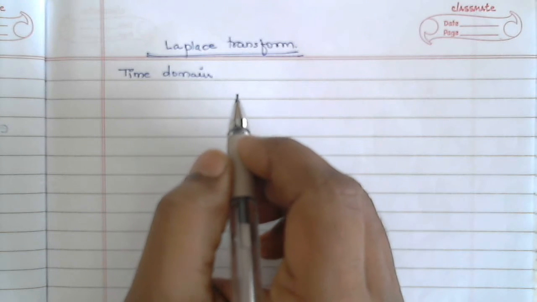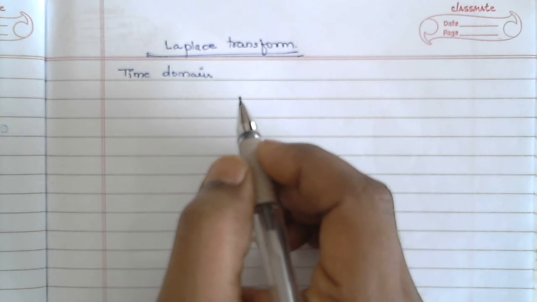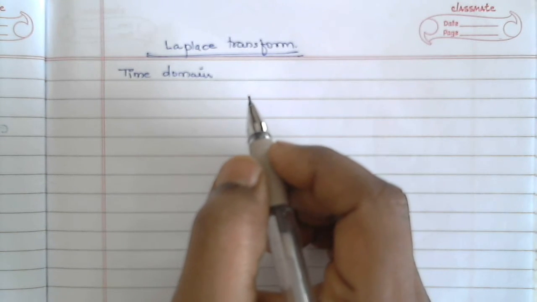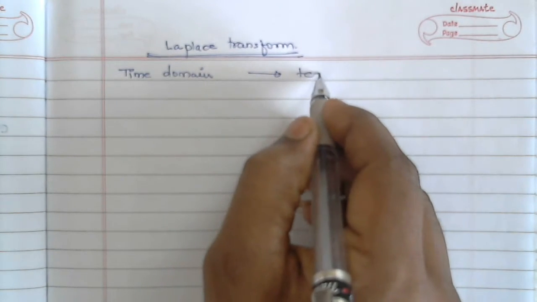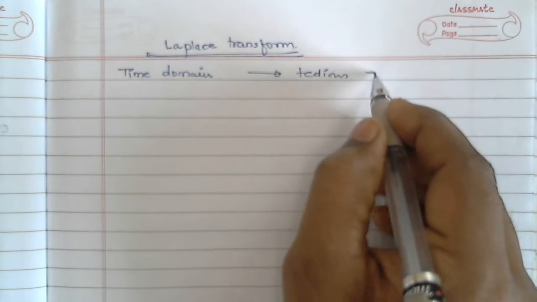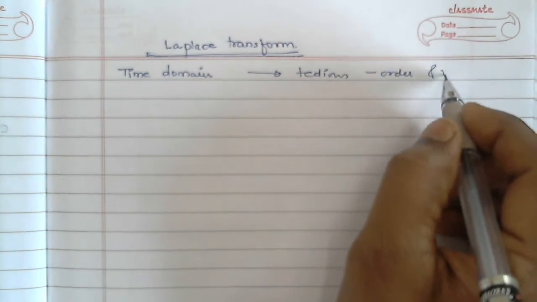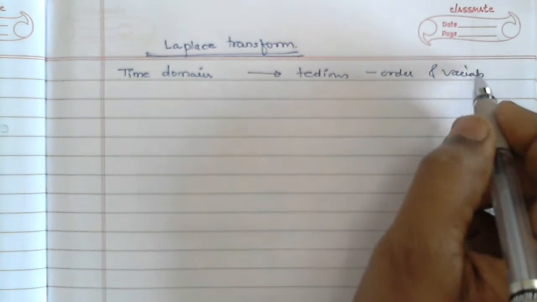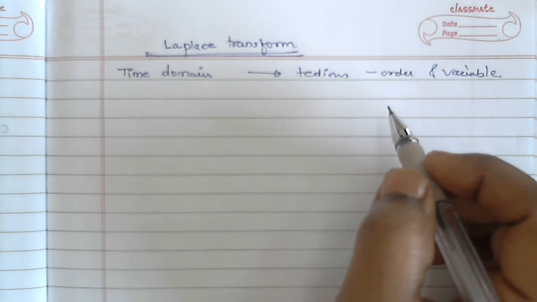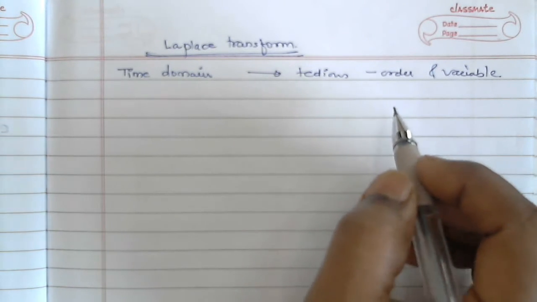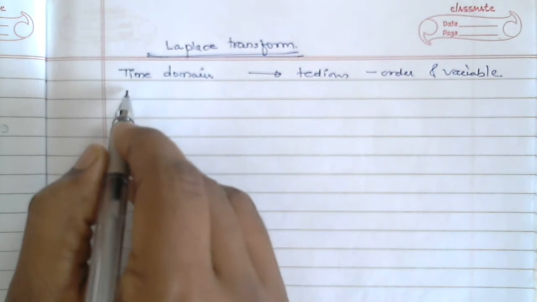As the order of the network increases, or variable equations increase, then these methods become tedious.